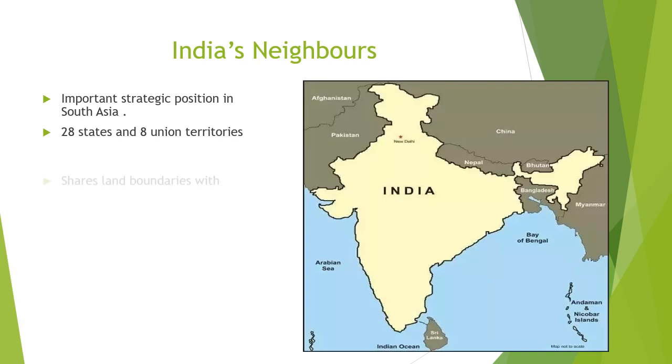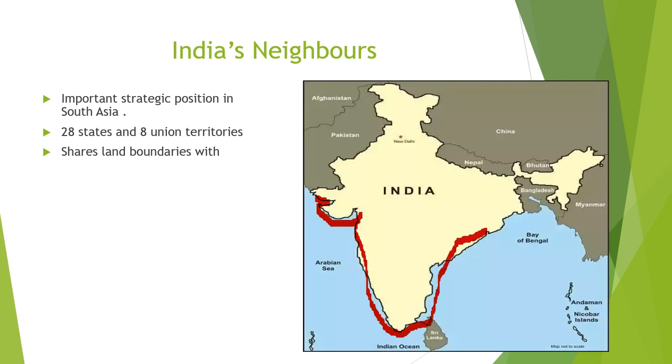Okay. Now, India shares land boundaries with, see children, when we look at the map, the water boundary is not being shared by any country, as we all know that the oceans act as a barrier to sharing the boundary with any country. On the other hand, India shares land boundaries with many neighboring countries.